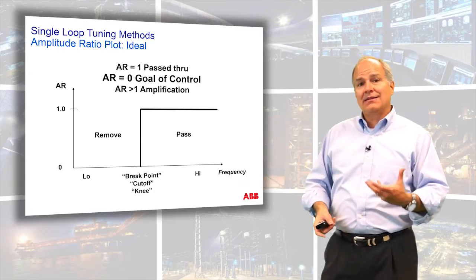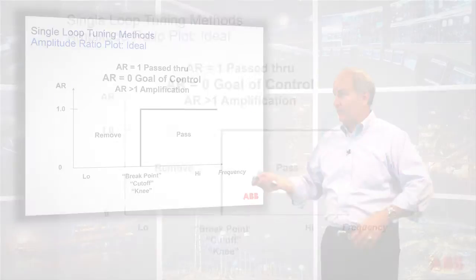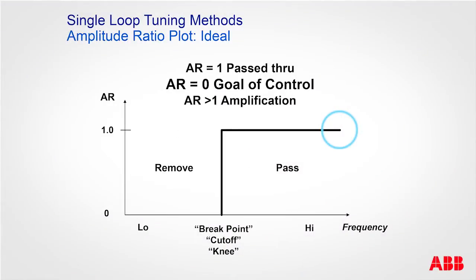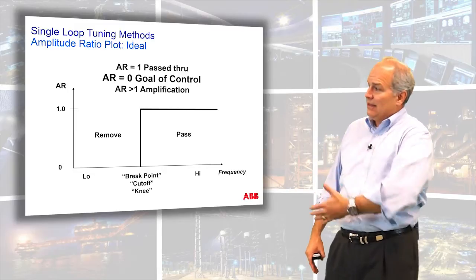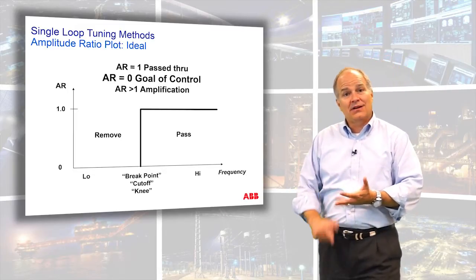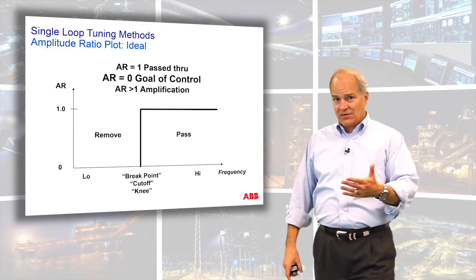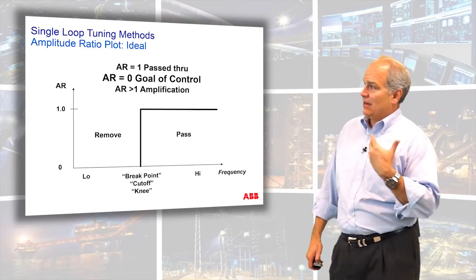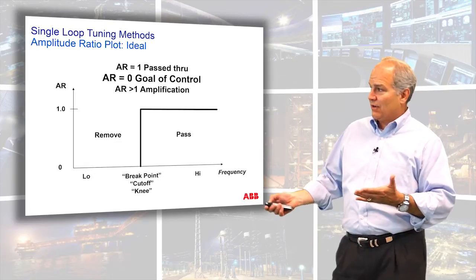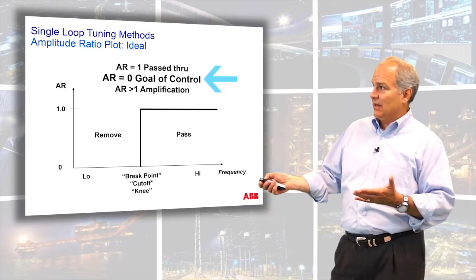So if we were to plot the ideal attenuation curve, it would start off here in the high frequency at 1, and there would be a point at which it would be 0. This is called ideal. That point is what's referred to as a break point or a cutoff. It's also referred to as a knee, and I'll show you why here in just a minute. But the idea here is you can have an amplitude ratio in the low frequency range that you want to be as close to 0.